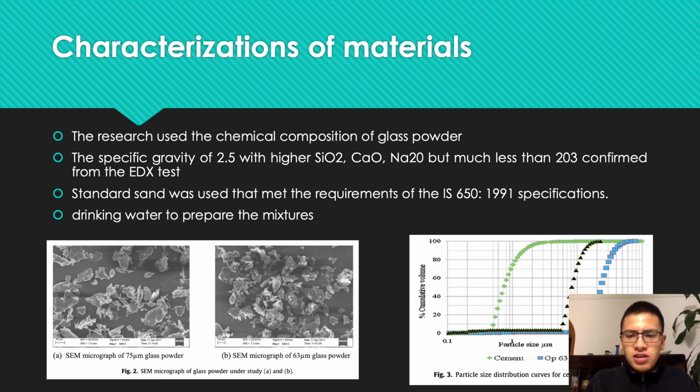For this study, sand was used that meets all the requirements specified in the ES 605 standard. Water is also used during grade B for mixing, with 75 and 63 microns respectively.